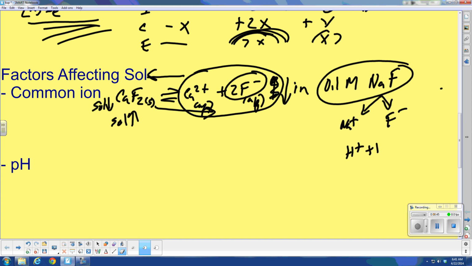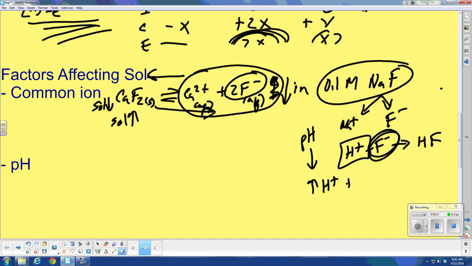Because H plus and F minus is going to form our HF. So that would pull fluoride out of solution by putting it in what? An acidic solution. So for instance, if I drop my pH, I'm going to increase my concentration of H plus, which will then react with F minus, which will cause my F minus concentration to decrease, which will cause my equilibrium to shift in that direction, and my solubility will go up.